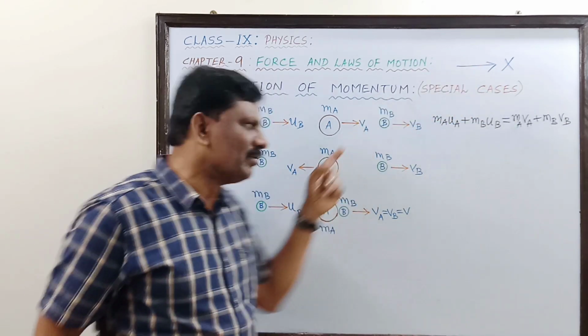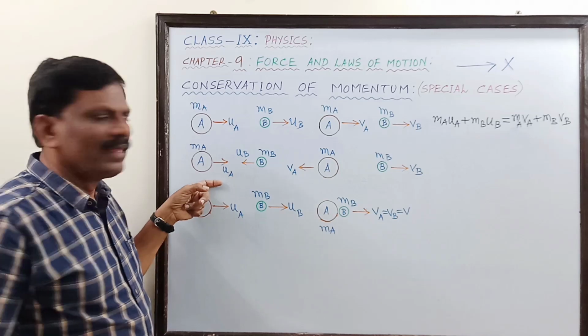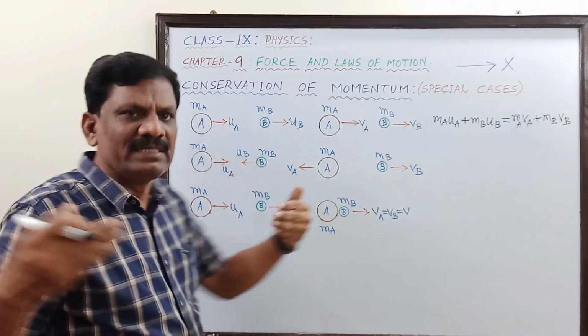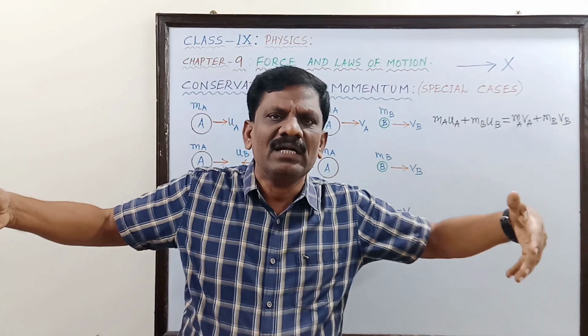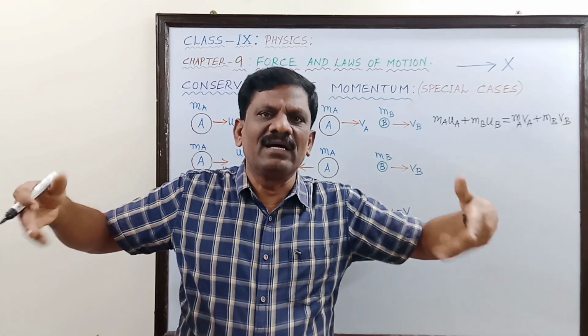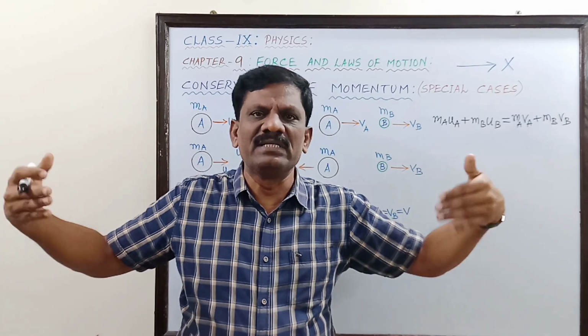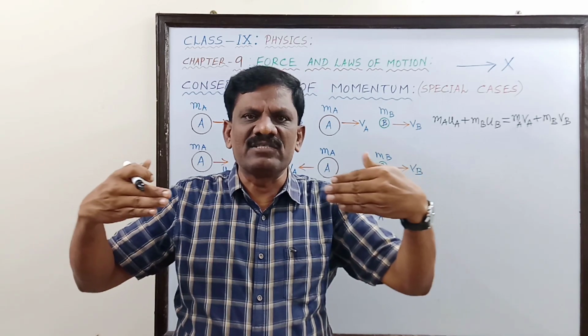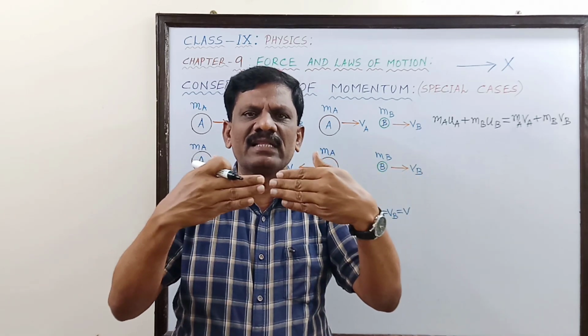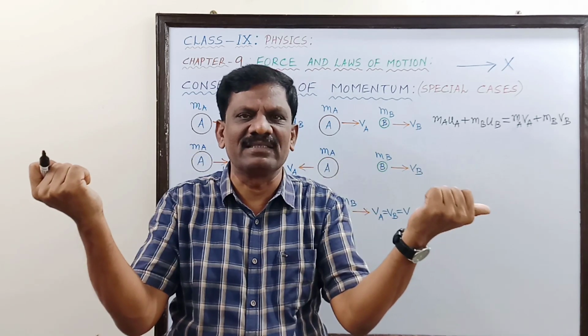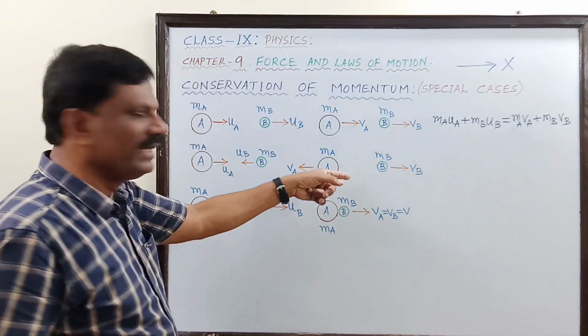Now come to the second picture. Two bodies are coming in opposite directions. If you roll two footballs or volleyballs or two marbles in the opposite direction along a straight line, they will hit each other and rebound in the opposite directions. Such a possibility I have taken.